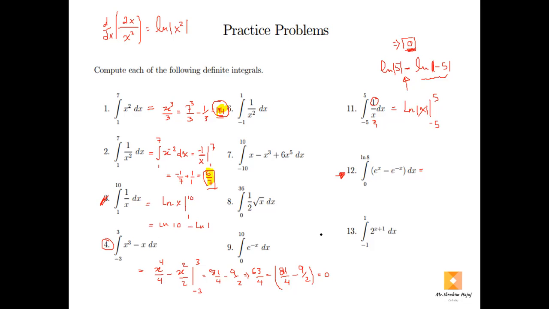So we have to integrate from -5 to +5, and also 1 over x squared.